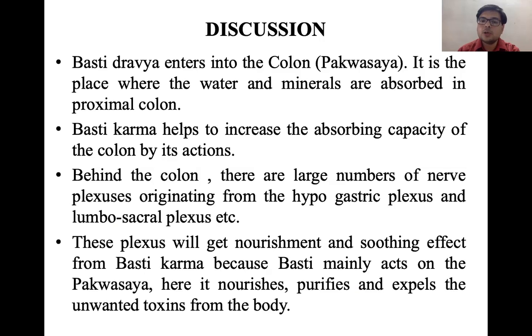And behind the colon, there are a large number of nerve plexuses originating from the hypogastric plexus and lumbosacral plexus, and this plexus will get nourishment and a soothing effect. Here there is the role of Basti Karma.